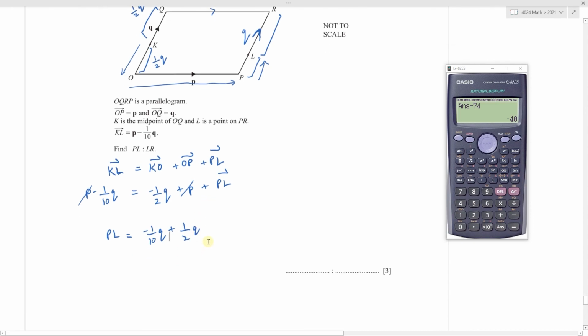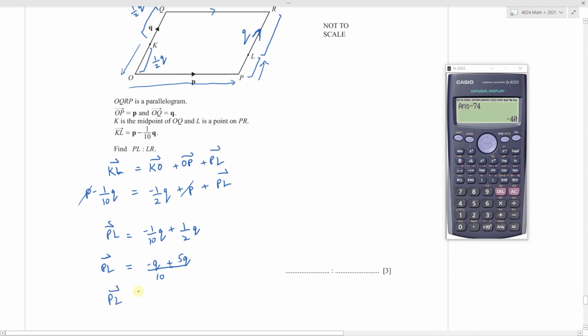So let's calculate this. The LCM will be 10. This will be minus Q plus, this is multiplied by 5, so 5Q.